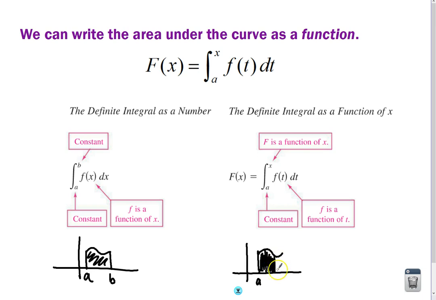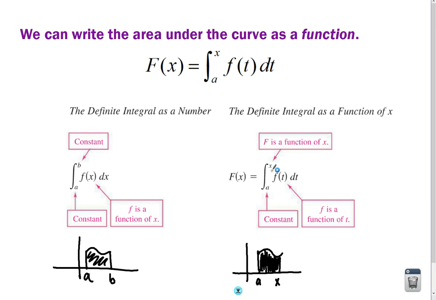Either way, my function value depends on the x coordinate of my upper bound, so it's going to vary depending on where I stop. I can plug in different values and my area is going to accumulate accordingly, okay?